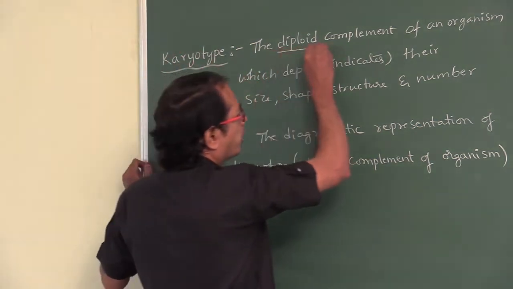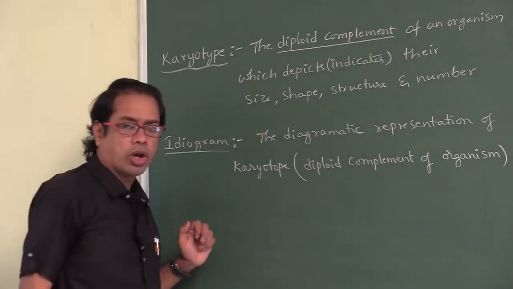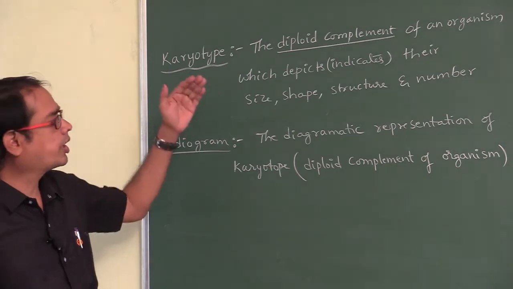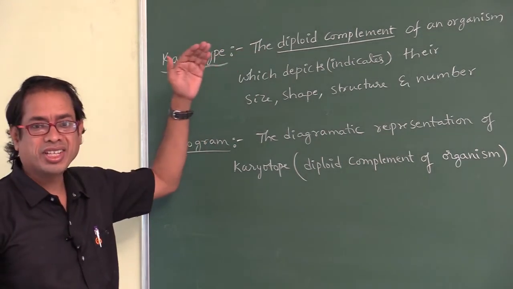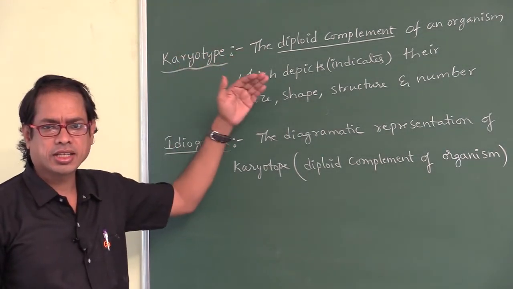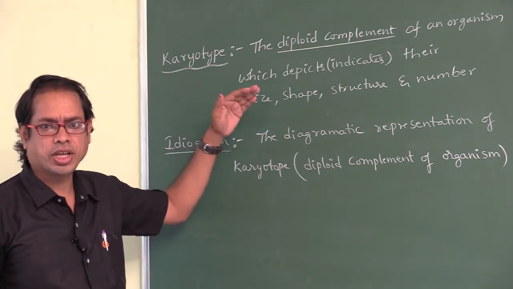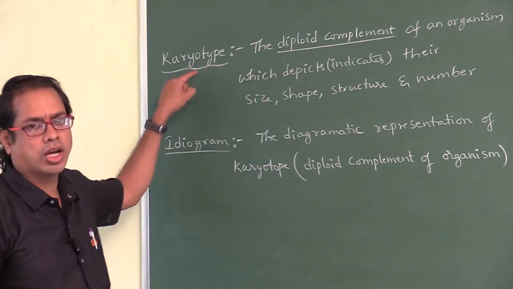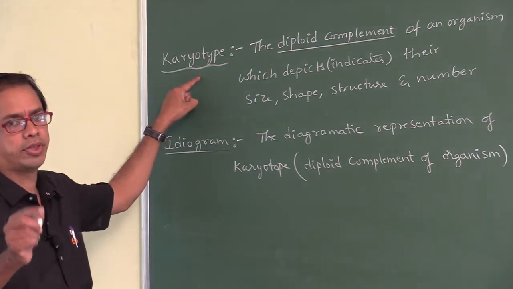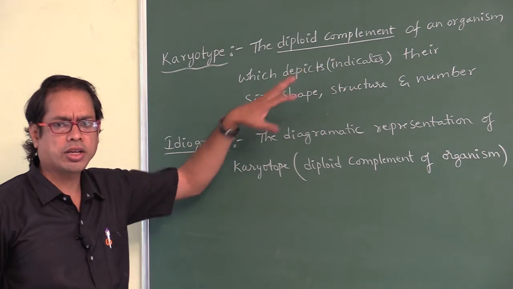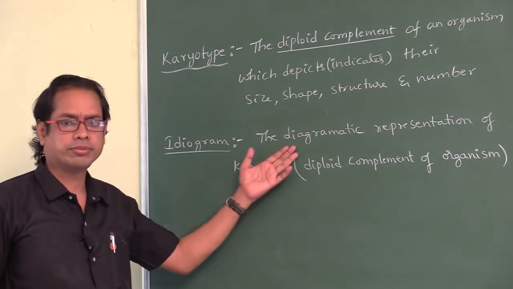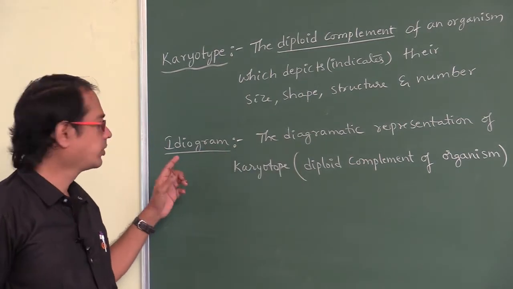Haploid content or diploid content? Diploid, the diploid complement of an organism which indicates their size, shape, structure and number is called karyotype. If that diploid complement of an organism is represented in a diagram, it is so called ideogram.